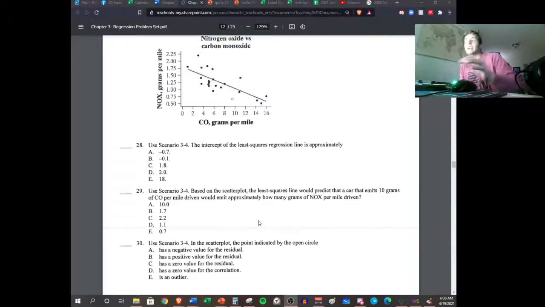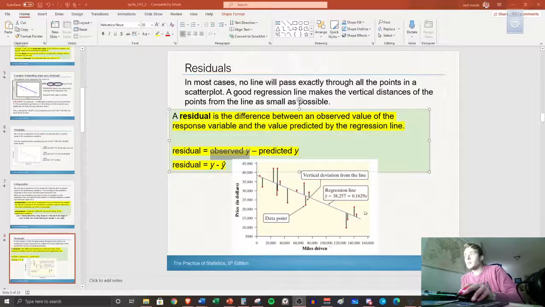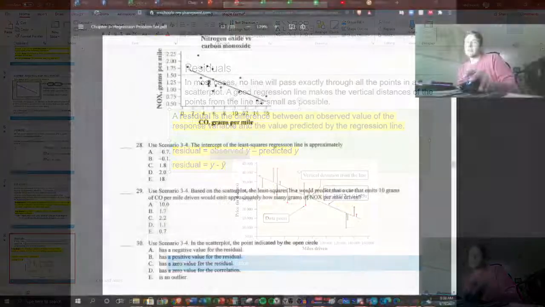Yes, you can have a negative residual. It's not a distance. Distance is positive, but this is not a distance, even though it looked like we were getting distances with these little lines. No, that's not the case. It can be a negative value. So this would have a negative value for the residual. A 0 value would only occur if it was flat on the actual line, okay?